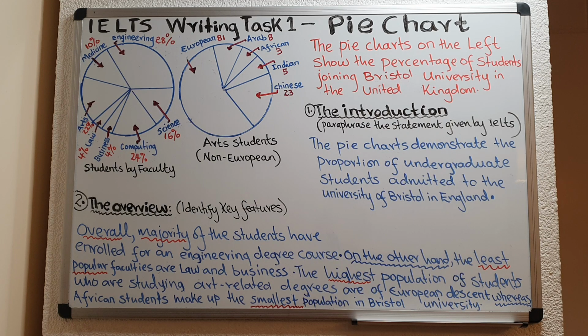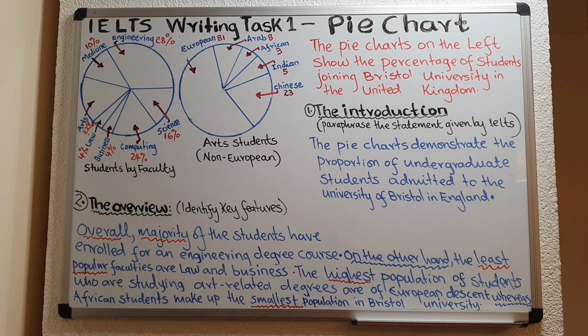Remember, your IELTS writing task 1 should be made up of 4 paragraphs: the introduction, the overview, and 2 other body paragraphs. So in this lesson, we are only going to learn how to write the introduction and the overview. That is 2 paragraphs, okay? So I recommend once you have watched this video, you watch the next video on how to write the other 2 body paragraphs so that you have a complete essay.